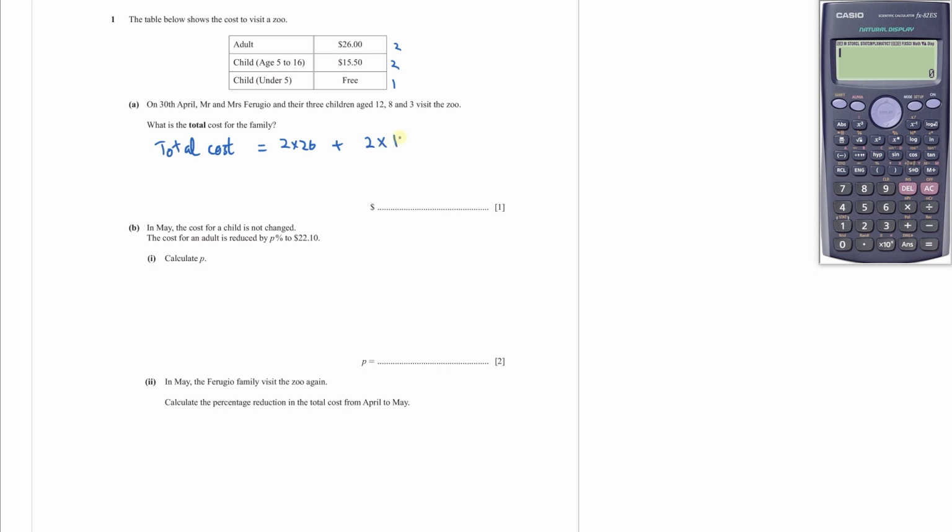The child who is 3 years old gets free entry, so that is not added to the total cost. So 26 times 2 is 52, plus 15.5 times 2 is 31, and if you add them together you will get $83. So your total cost here is $83.